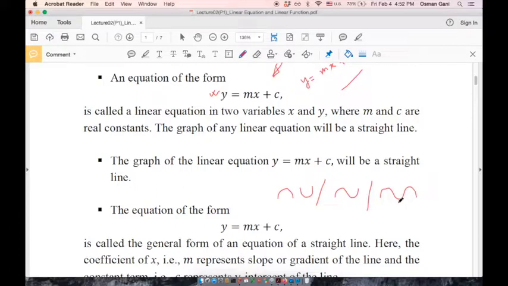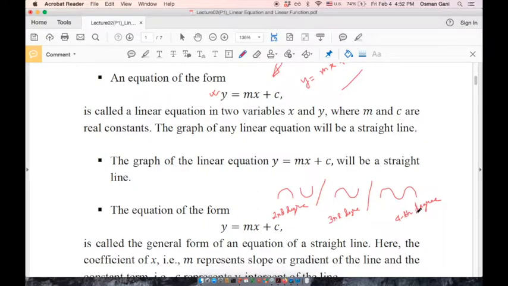So you can note here that the corresponding equation of this graph will be fourth degree, the corresponding equation of this graph will be third degree, and the corresponding equation of this graph will be second degree.